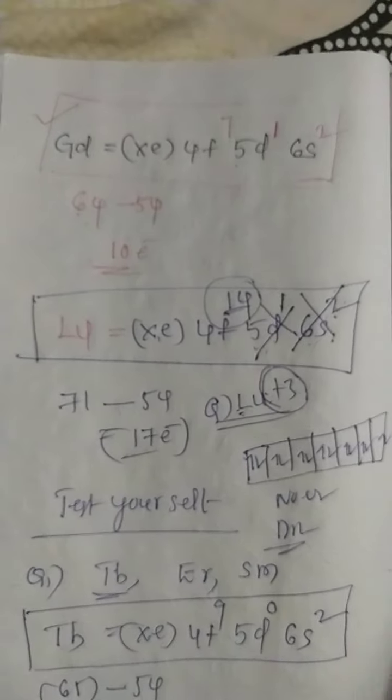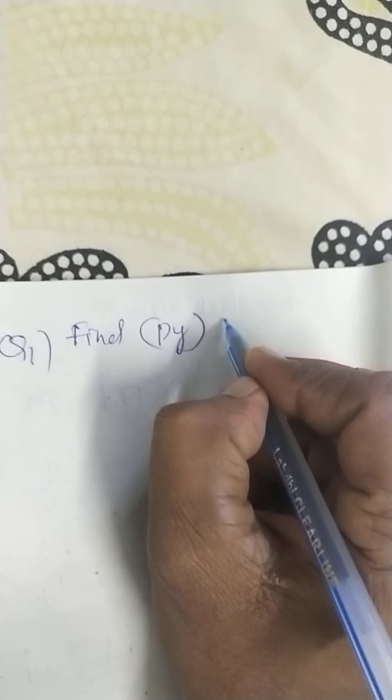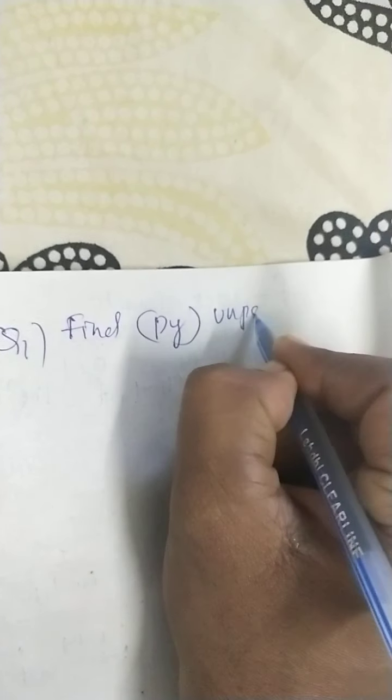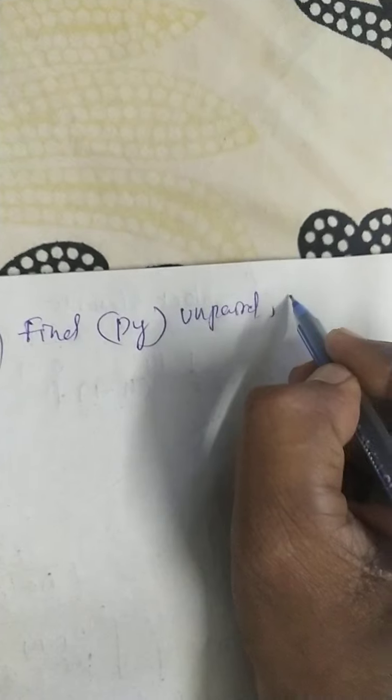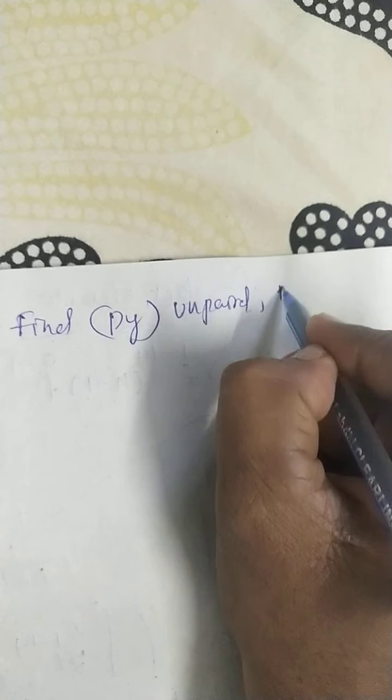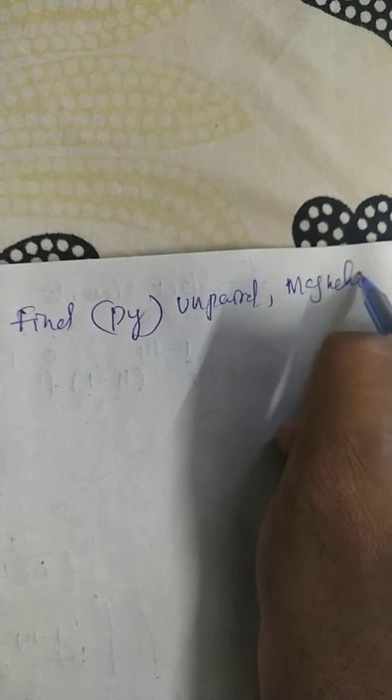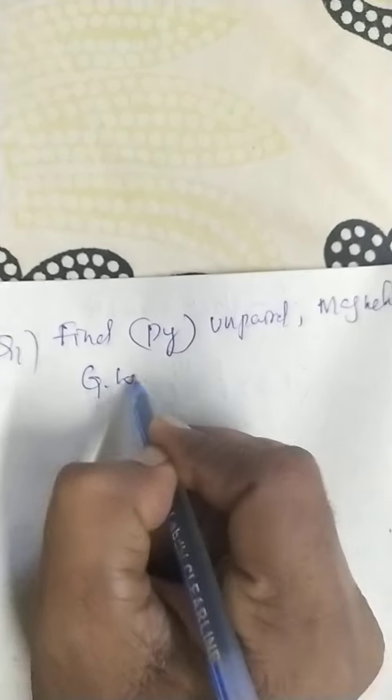Dysprosium, find question number 1, see carefully. For dysprosium, find the unpaired electrons, magnetic behavior, and general electronic configuration.